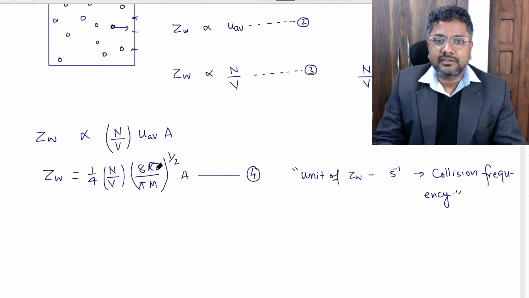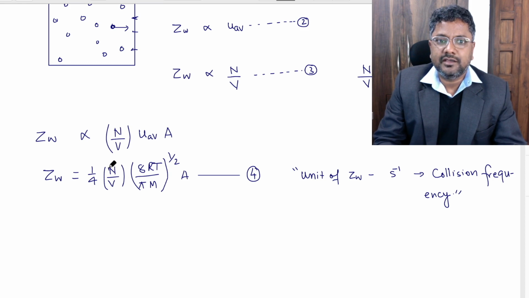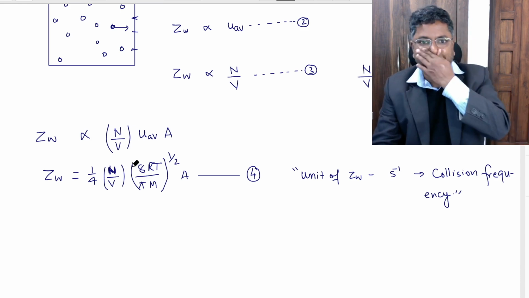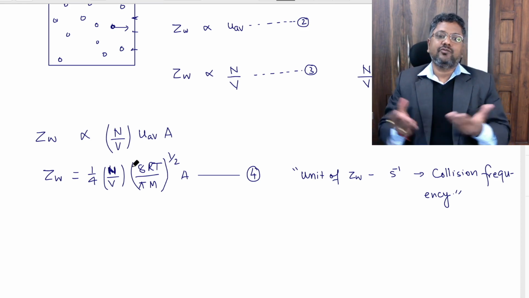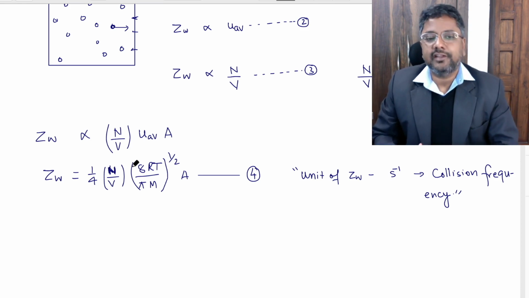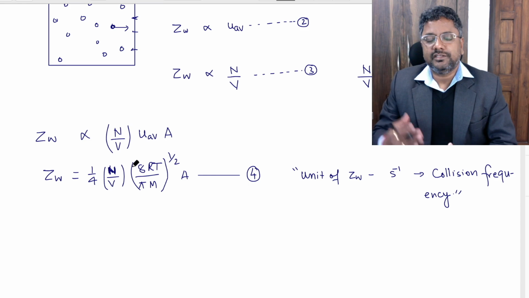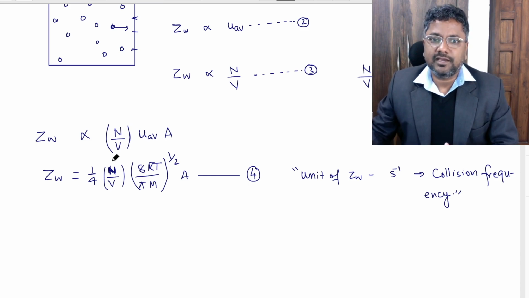See this, temperature is constant, gas is fixed, so all these terms are constant. N by V is the number of molecules per unit volume. When we take a container, the volume of the container is constant, because for gases the volume is the volume of the container. V is the container volume and N is the number of gas molecules.